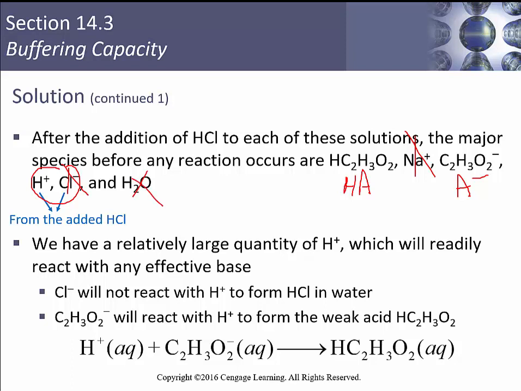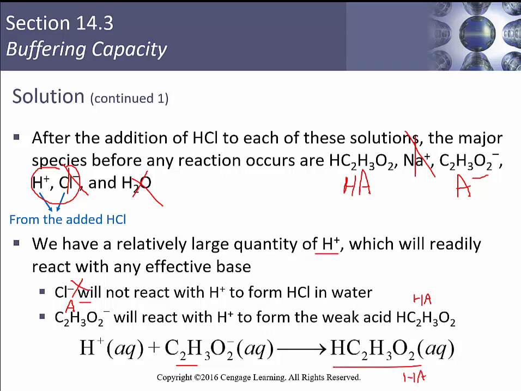Since we have a relatively large quantity of H+, it's readily going to react with any of our effective base. Cl- is not going to form HCl. So our conjugate base, A-, is going to react with our H+ to back form our conjugate weak acid. So H+ will react with acetate to form acetic acid.